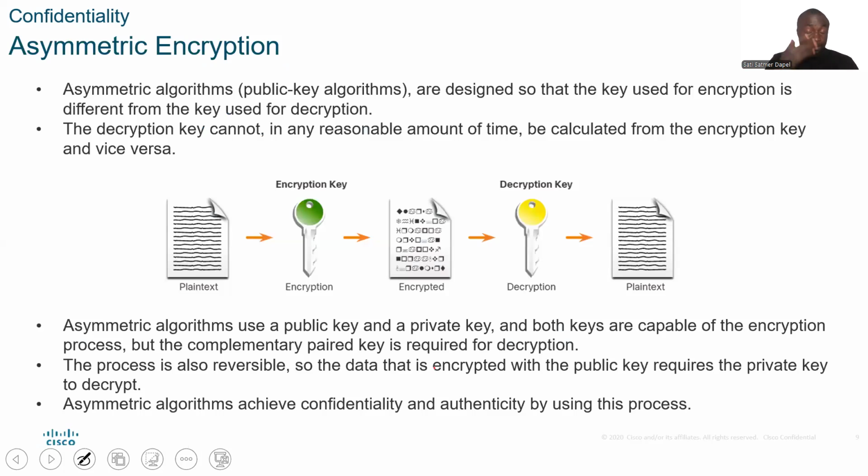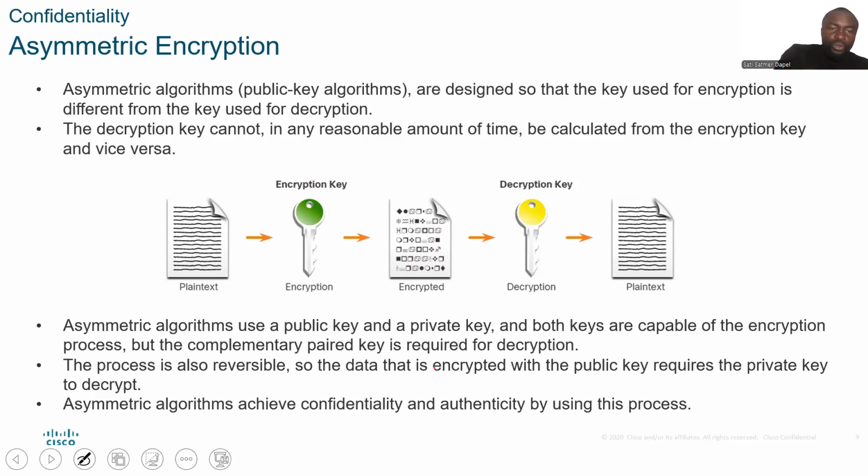So let's look at the asymmetric. Asymmetric encryption algorithms are designed so that the key used for encryption is different from the key used for decryption. The decryption key cannot in any reasonable amount of time be calculated from the encryption key and vice versa.